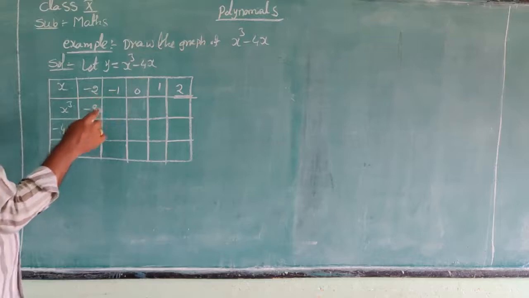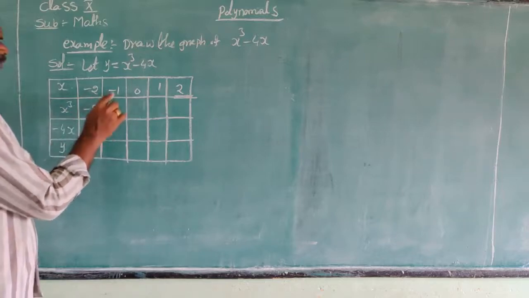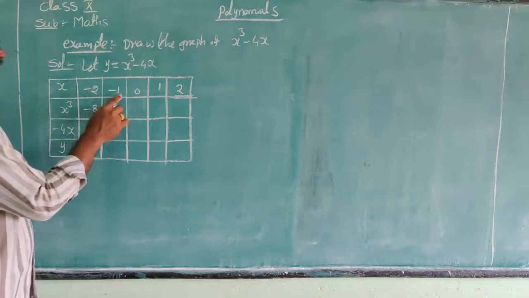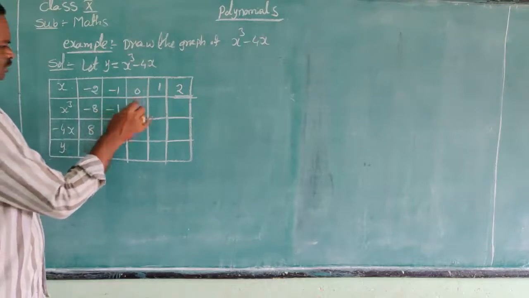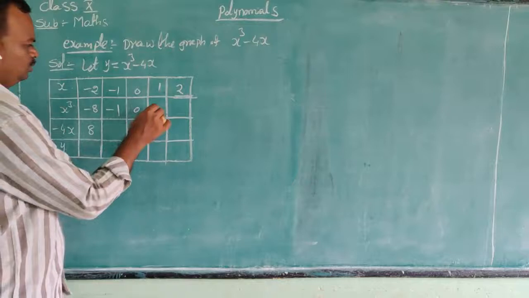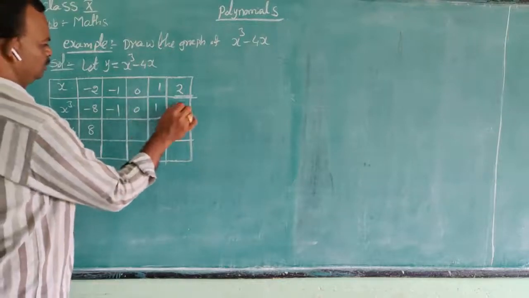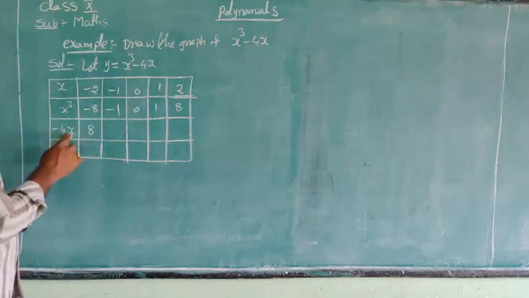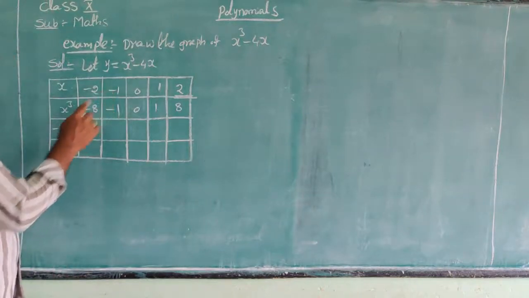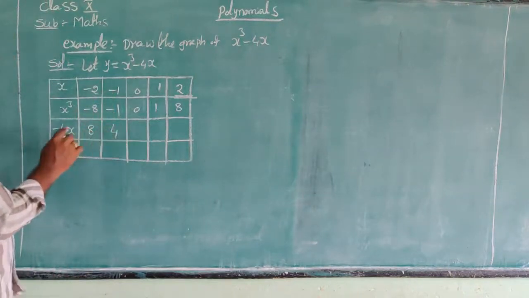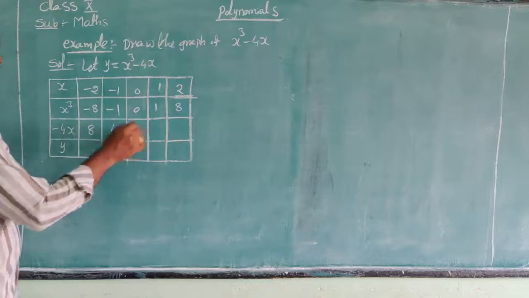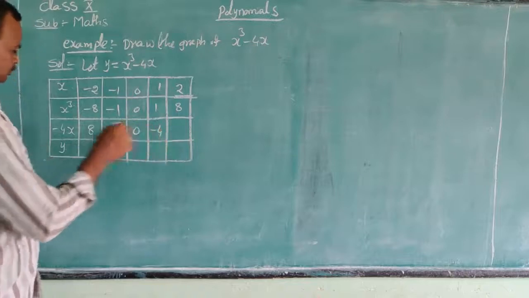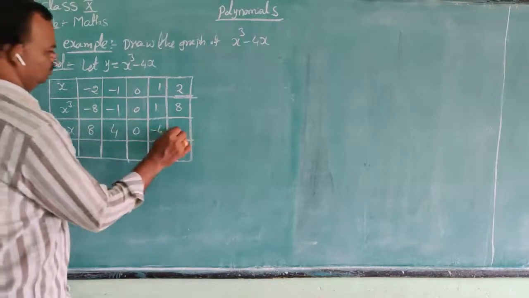Next, minus 1 cube is minus 1, 0 cube is 0, 1 cube is 1, 2 cube is 8. Here minus 4 into x: minus 4 into minus 1 is 4, 4 into 0 is 0, minus 4 into 1 is minus 4, minus 4 into 2 is minus 8.